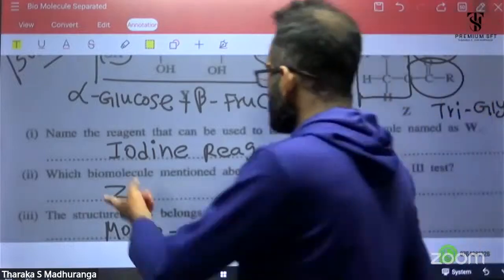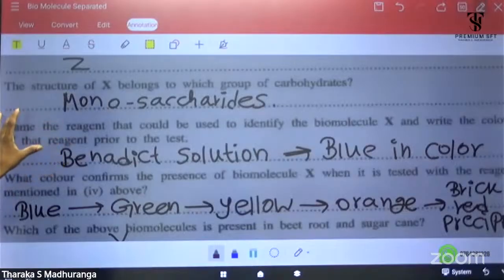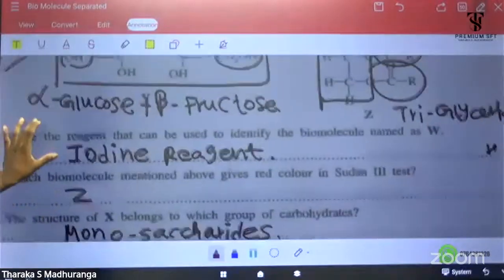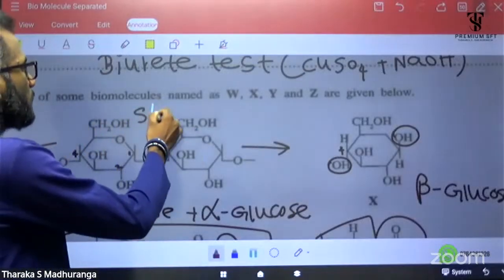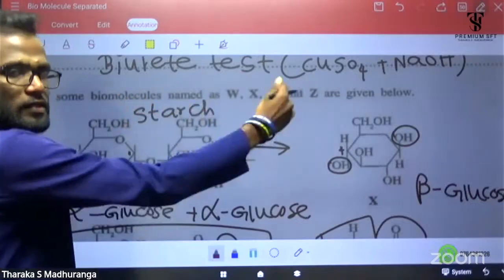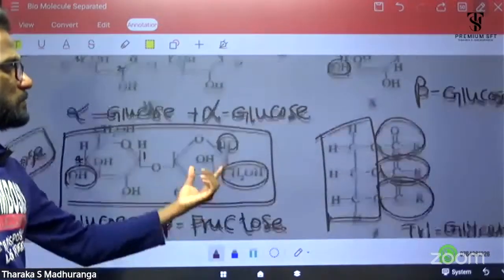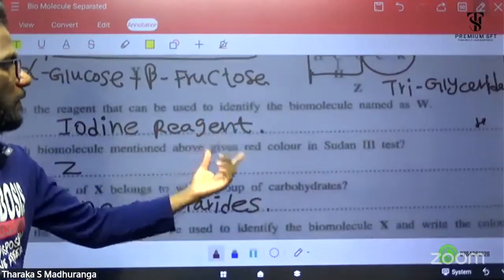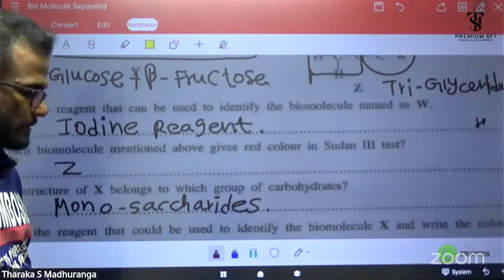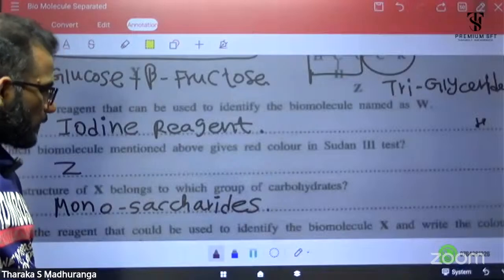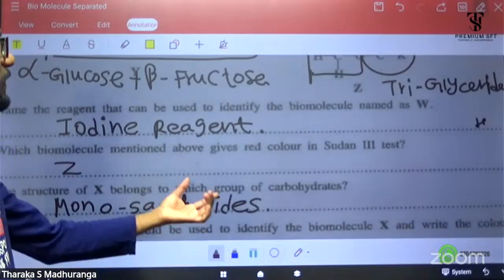Benedict is asked about in this part. The first one is actually starch, an alpha glucose chain. Now it is correct, right? Good.